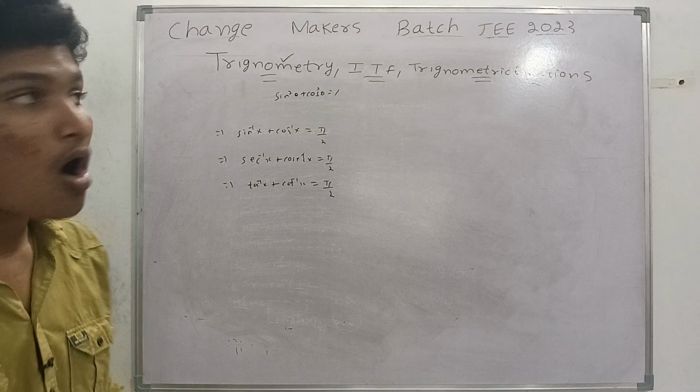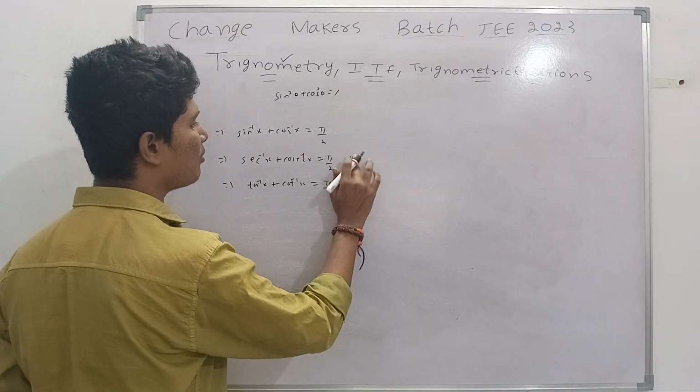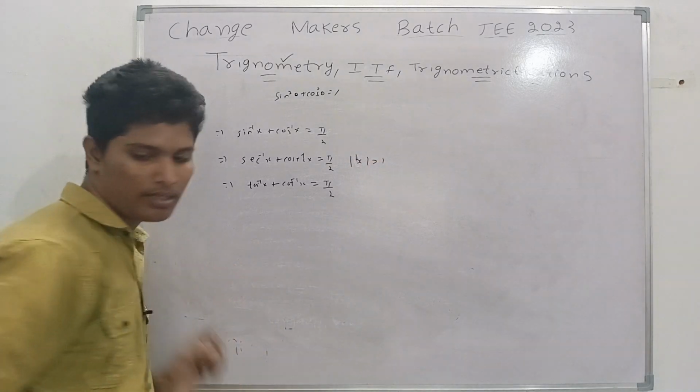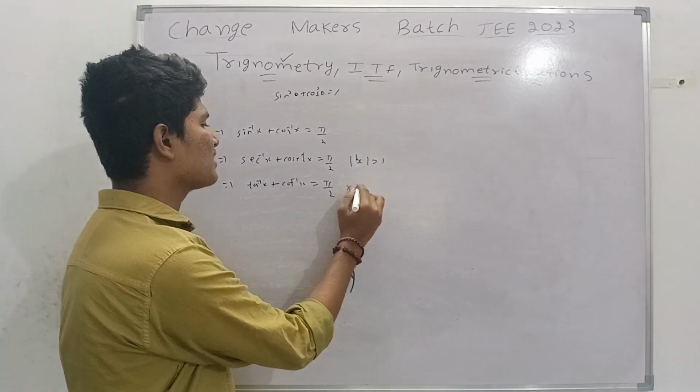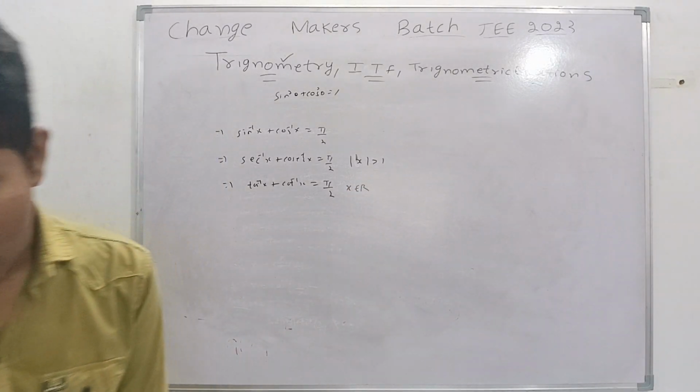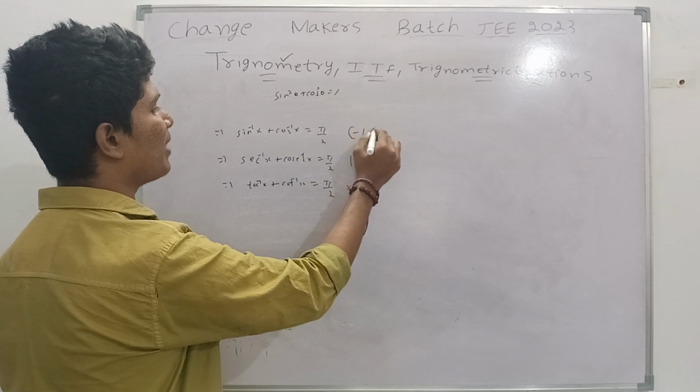And when are these applicable? The secant inverse plus cosecant inverse formula is applicable when mod x is greater than 1. It is important. And the tan inverse plus cot inverse formula is applicable for x belongs to R, there is no restriction for this. For sine inverse x plus cos inverse x, you already know the domain: minus 1 to 1.